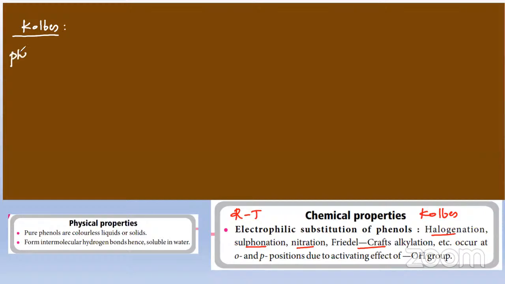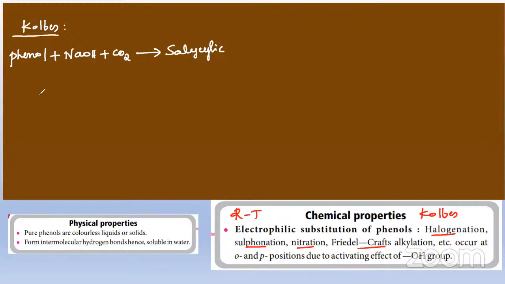Whenever a phenol reacts with NaOH and carbon dioxide at 6 to 7 atmosphere, it gives salicylic acid. And this reaction we call Kolbe's reaction.